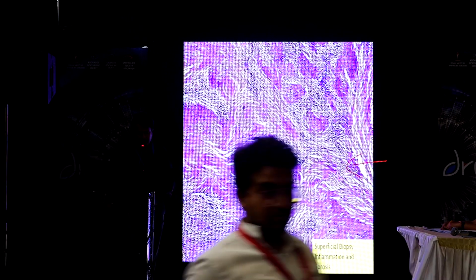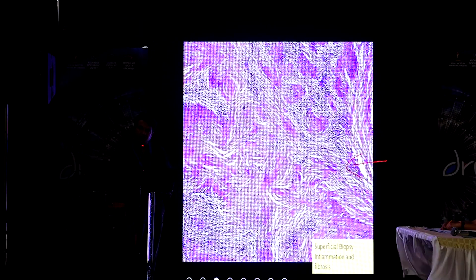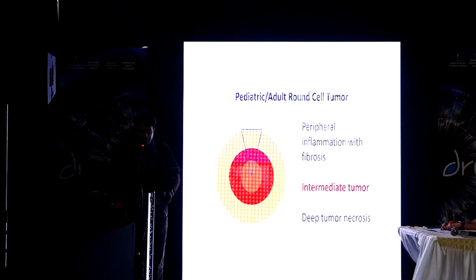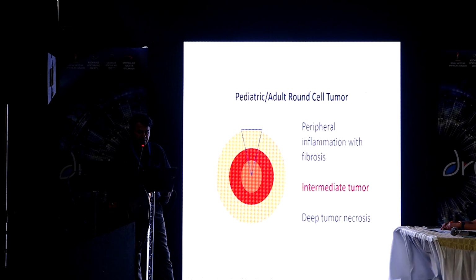So suppose somebody had done a biopsy only from this component of the tumor, he would get inflammation as the diagnosis, so you would start this patient on systemic steroids, right? But going to the mid-zone and deeper biopsy, you have the diagnosis very clear, that is embryonal rhabdomyosarcoma. So when you do biopsy, it is currently considered that you have to go past the epicenter or the center of the lesion, and the depth is determined by CT scan or MRI, which you already have.